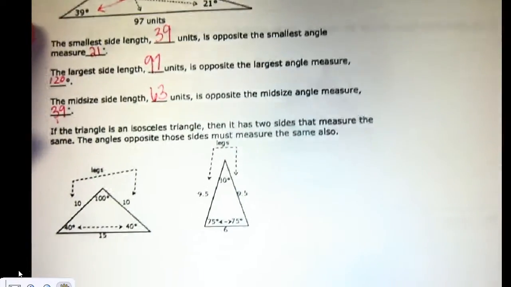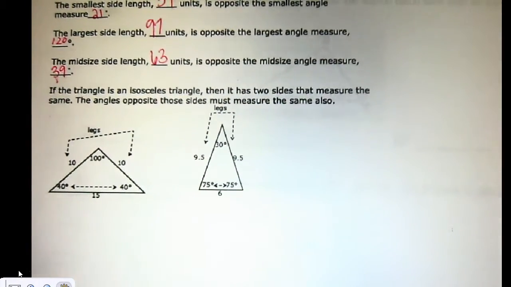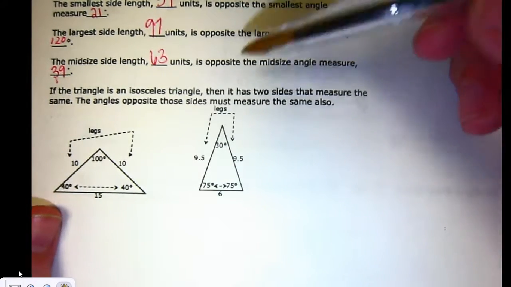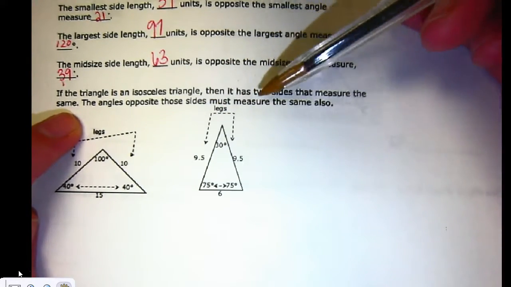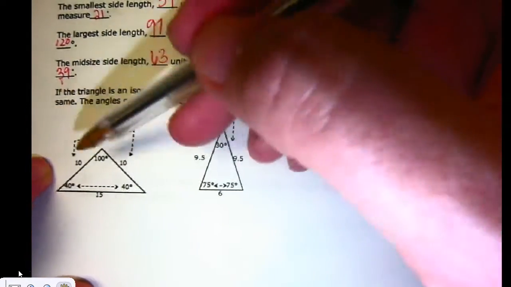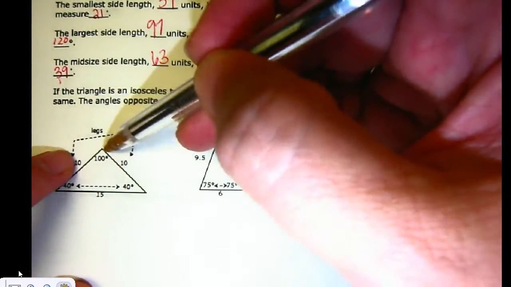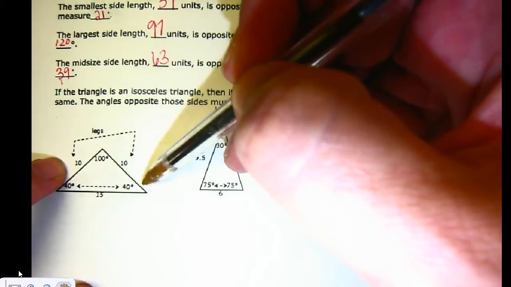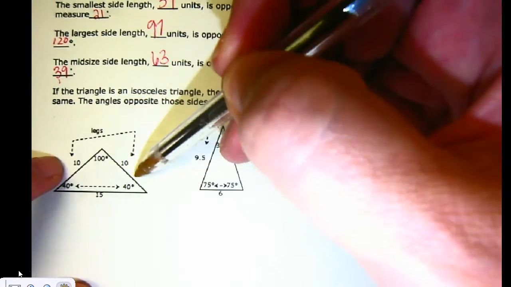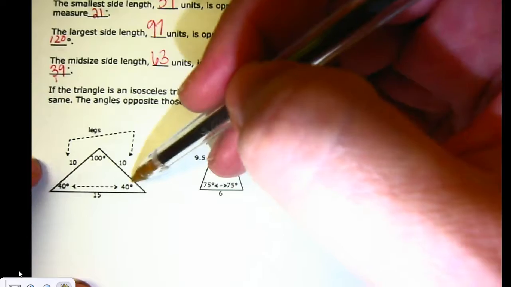Alright, and now let's look at an isosceles triangle. If you remember from earlier, isosceles means it has two equal sides, and so if it has two equal sides, it has two equal angles somewhere. It has two sides that measure the same, so the angles opposite of those sides must measure the same also. This is sometimes harder for people to think. They call the two sides that are the same legs. Those legs are both 10. That means the angles opposite of them are the same.